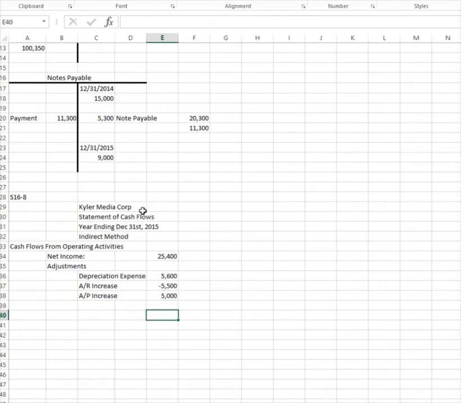Okay, so that takes us down to net cash provided by operating activities. And we're basically just going to add these up.